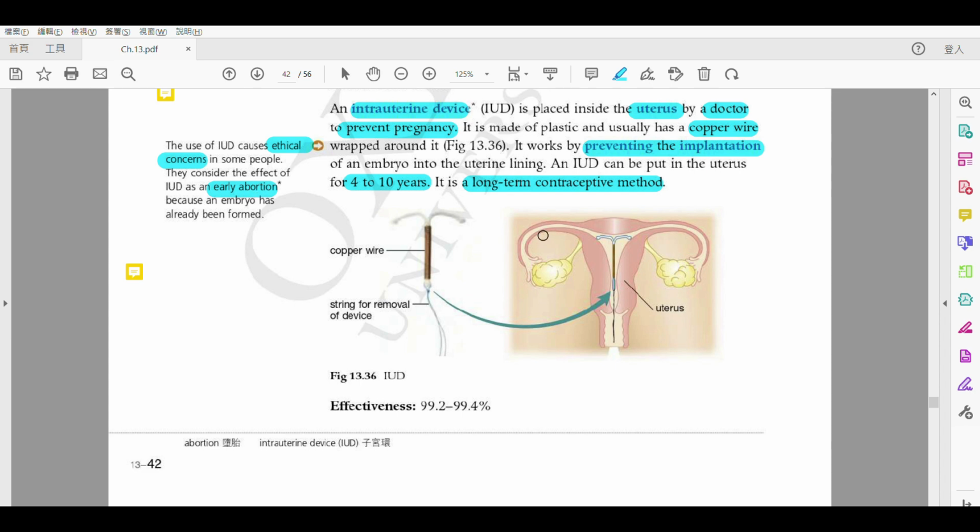Where does fertilization take place? It takes place here, right? So in case fertilization does take place, it will enter here, but then the copper wire makes this uterine lining unstable, therefore preventing your implantation. But somehow the embryo has already been formed. Okay, but this depends on different people.